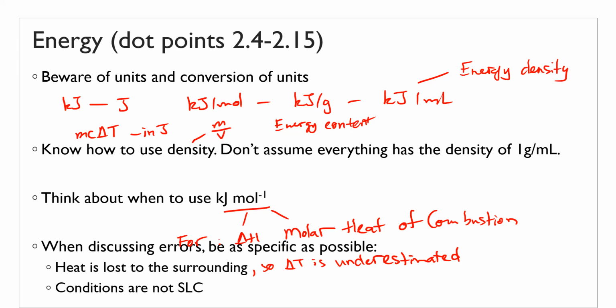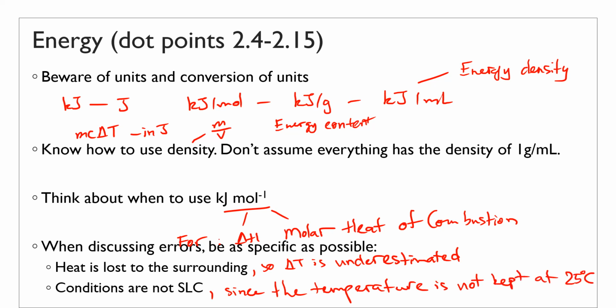So, for example, you can say conditions are not SLC since the temperature is, I don't know, 20 degrees instead of 25, or the temperature is not regulated or capped at 25. You have to give me a specific example of at least one specific condition that is not under SLC. Don't just say conditions are not SLC and leave it at that. I may not give you the mark. Probably will not give you the mark.